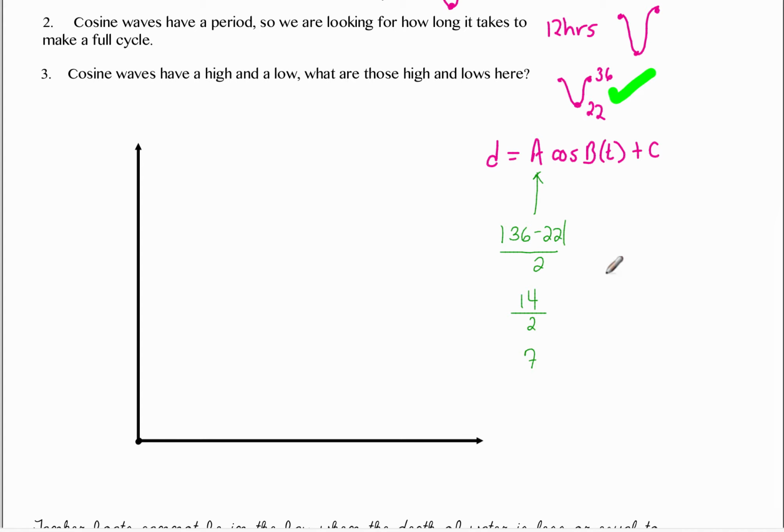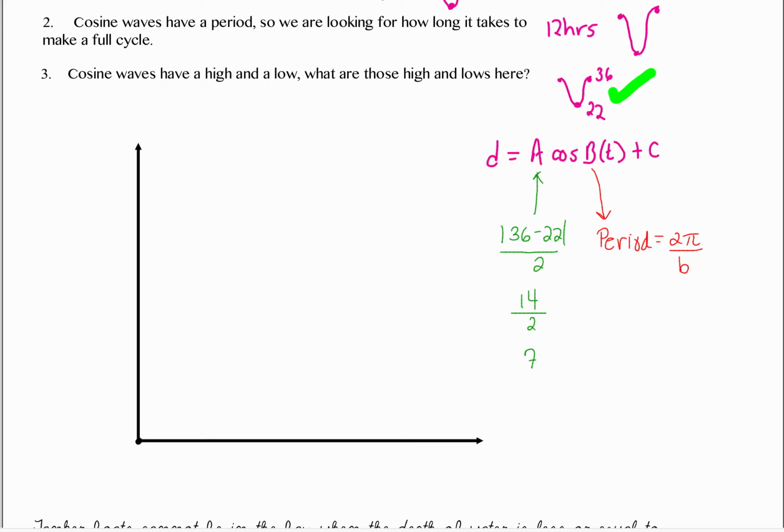All right, they told us it was a cosine wave. And now we want to figure out this B. Well, remember yesterday we had a little formula? Period equals 2 pi divided by the frequency.